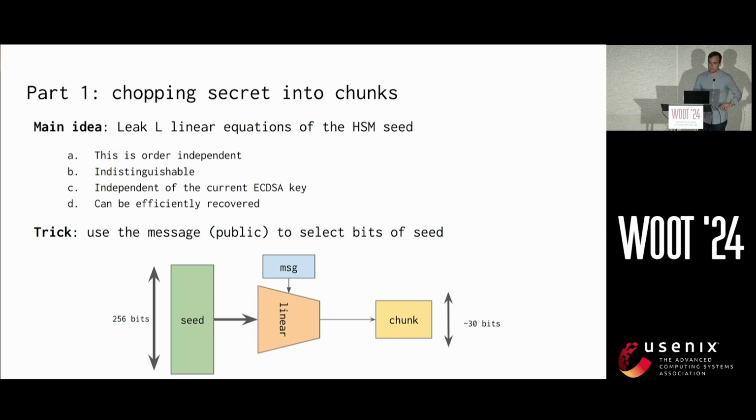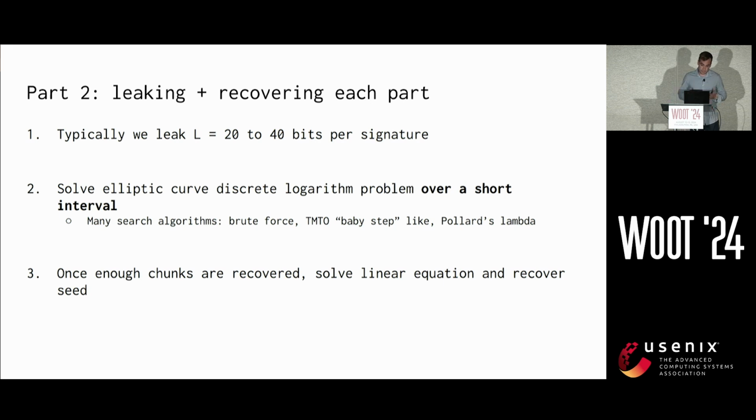That's basically it. The second part is, as I mentioned, recovering the 20 to 40 bits leaked per signature, as Simon's showed. We do that by solving a degenerate instance of the elliptic curve discrete logarithm problem, because it's over an interval. You know that the secret scalar you are trying to recover is restricted to a small-ish interval in which you can just brute force if you have enough memory, or you can do time-memory trade-offs.